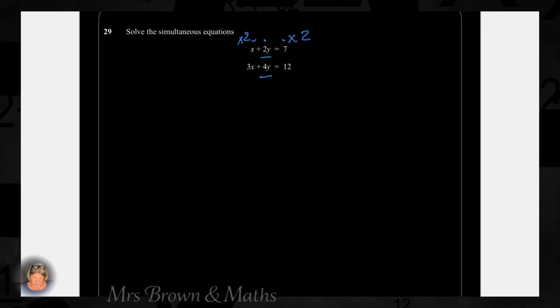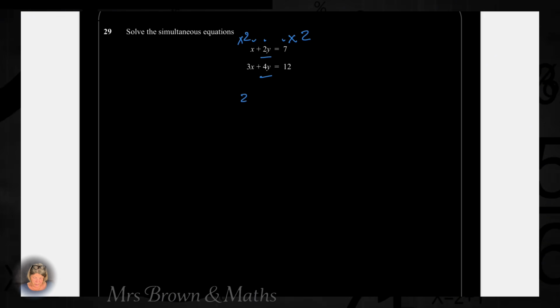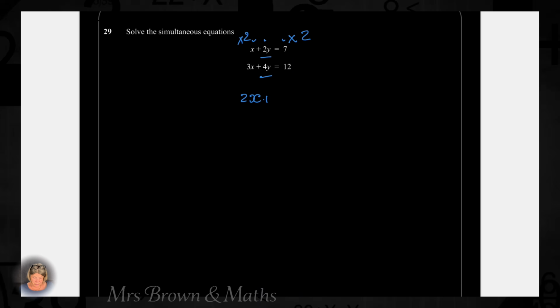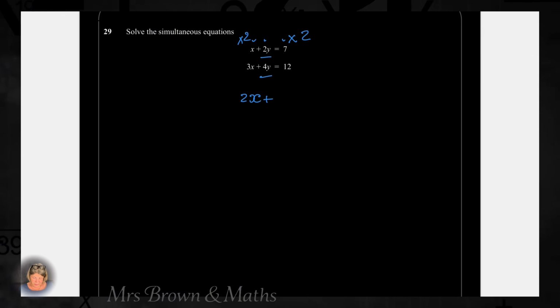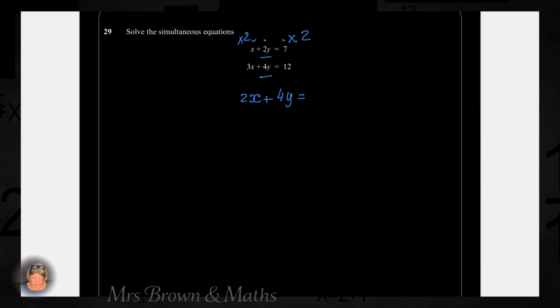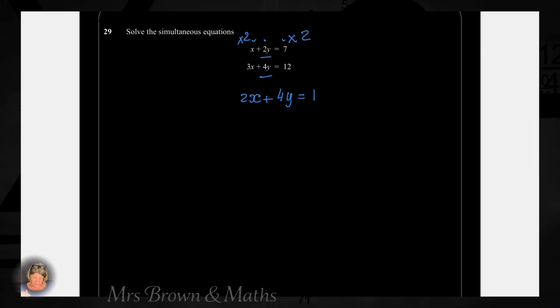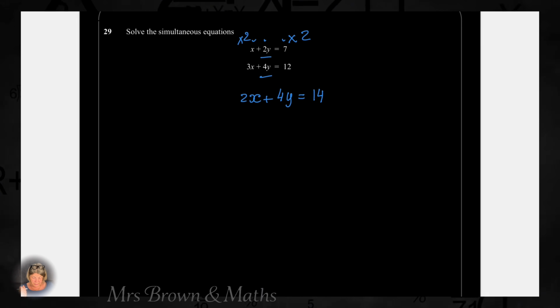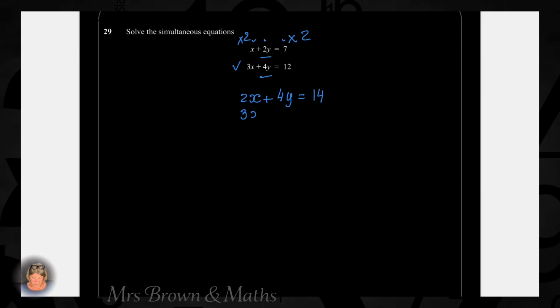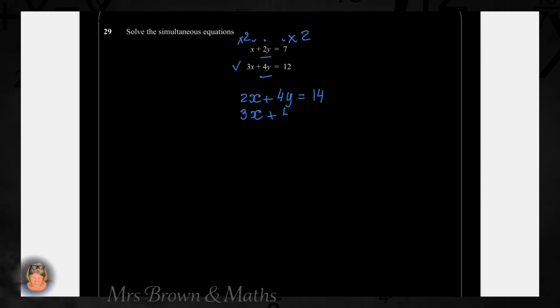Don't forget, every term, every side should be multiplied by 2. So 2 times x is 2x plus 2y times 2 is 4y equals 7 times 2 is 14. Right, and here I've done nothing. I just copy 3x plus 4y equals 12. To get rid of 4y, I'll just take away one equation from the other.